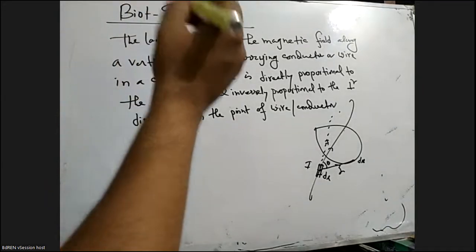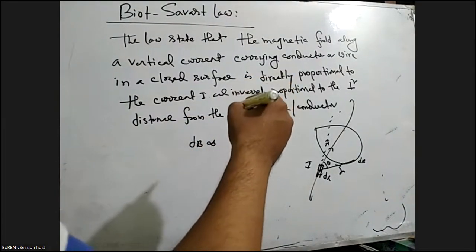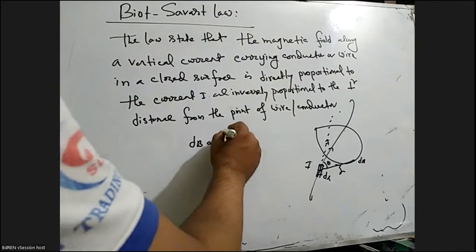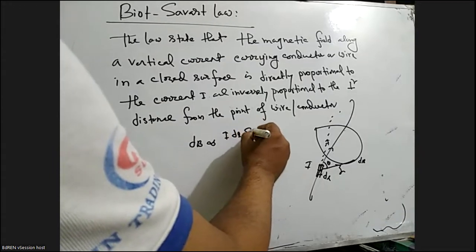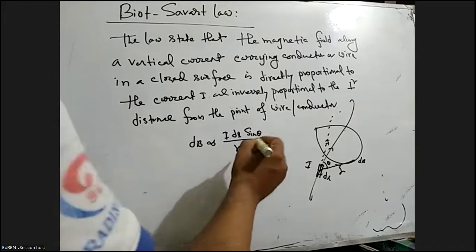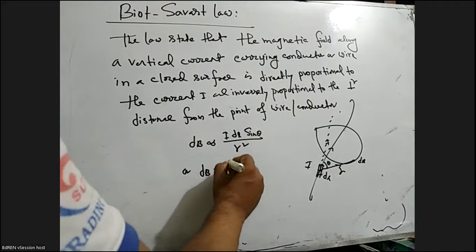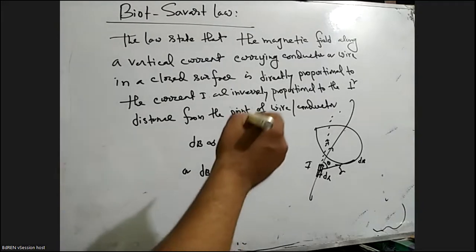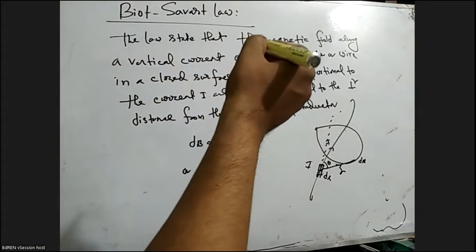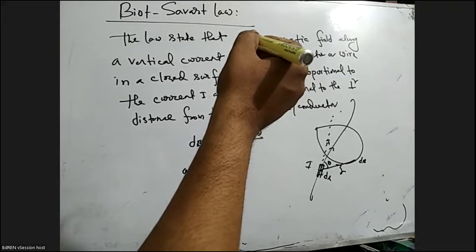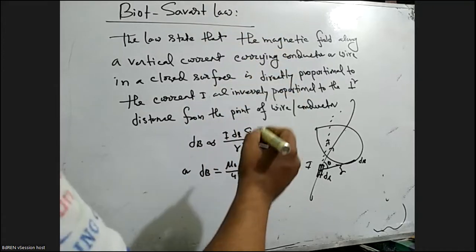So this can be written as dB is proportional to I dl sin theta by r square, or dB equals mu naught divided by 4 pi, where this is the proportionality constant, which is equal to 4 pi into 10 to the minus 7. We have already known about this.